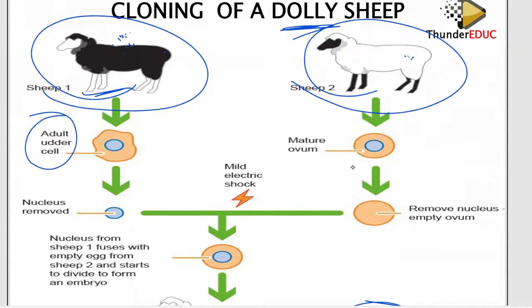When you are milking, what you milk is the teat, but where the milk is coming from is the udder. So you get an adult udder cell.